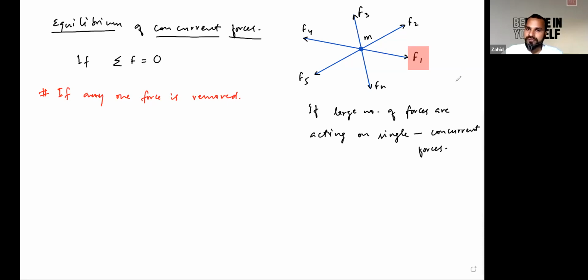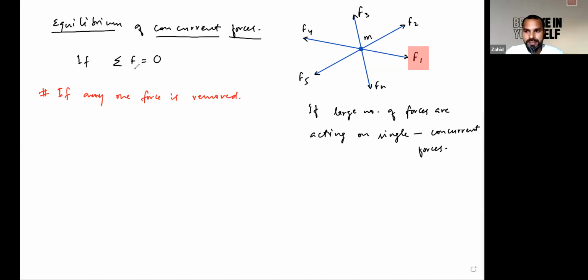If the net force initially acting on this mass was zero, and you remove any of the forces, there will be a force opposite to the removed one, which was initially balancing it. So if you remove this, there will be the effect of F4 in this particular direction, which will accelerate this mass towards it.